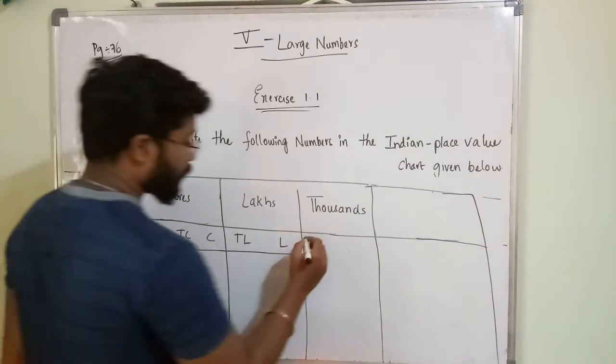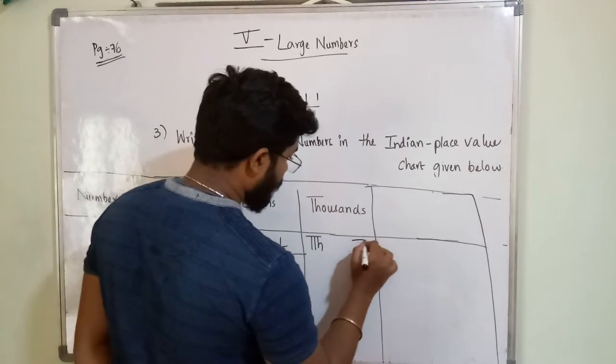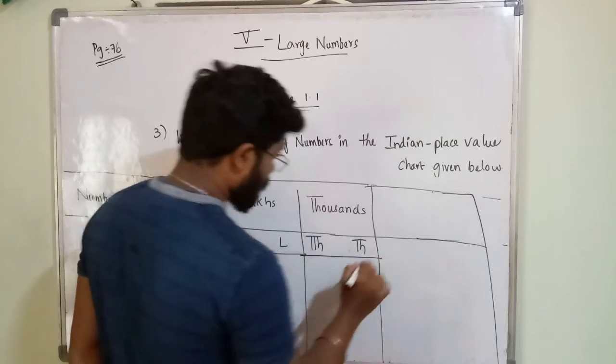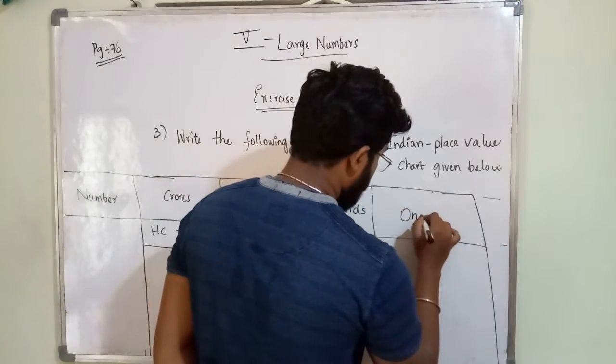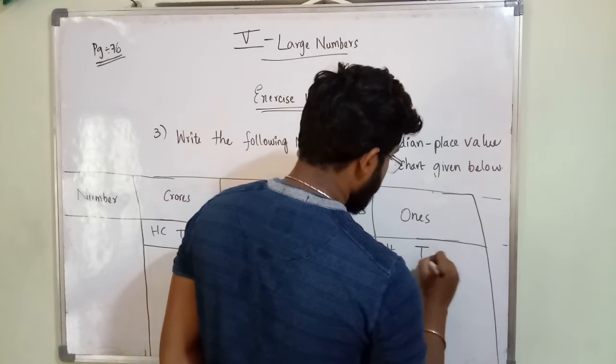Ten thousands. Thousands. Next. Ones, hundreds, tens, ones.